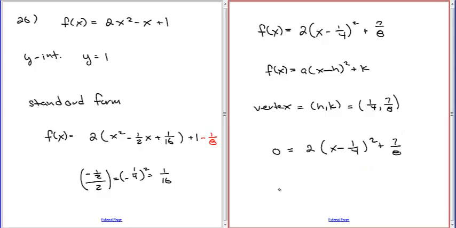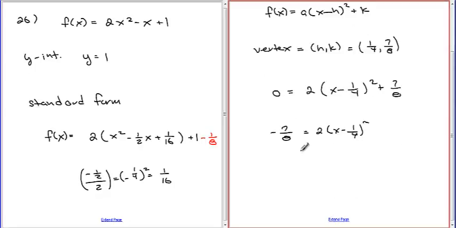So what we do is we subtract 7/8 from both sides. Like that. And then we take the square root, and something's wrong, because I can't take the square root of a negative number.